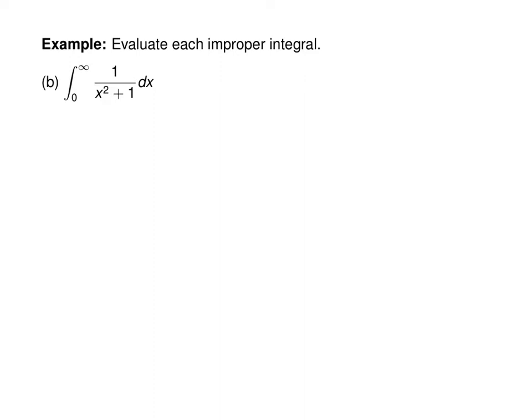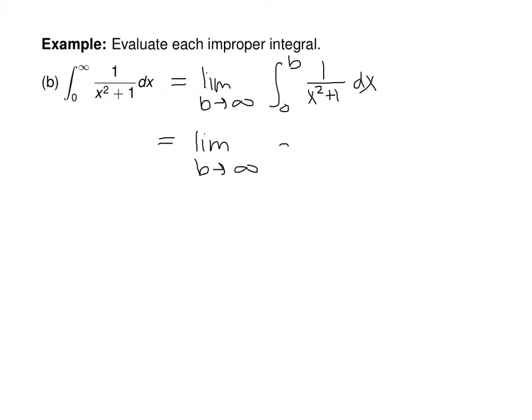Alright, next, find the integral from 0 to infinity of 1 over x squared plus 1. So start the same way. Find the limit as b goes to infinity of the integral from 0 to b, 1 over x squared plus 1 dx. And an antiderivative of 1 over x squared plus 1 is arctan x evaluated from 0 to b.